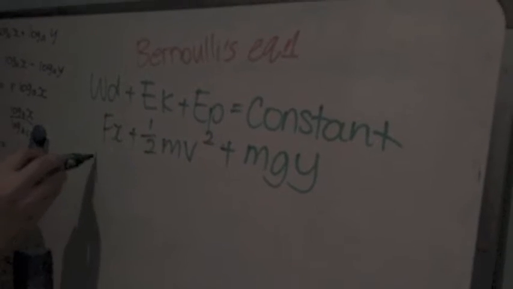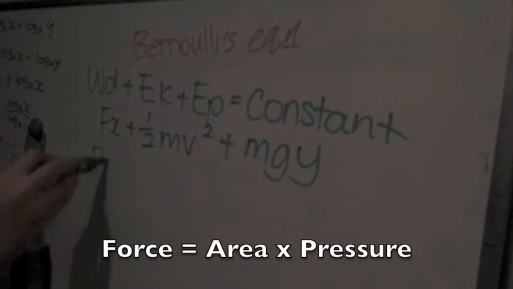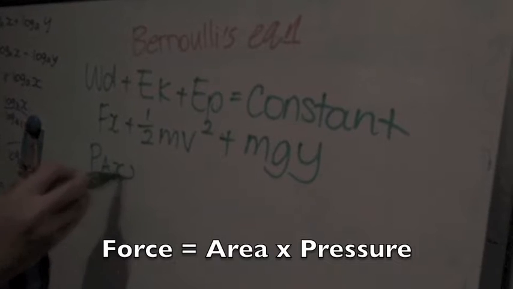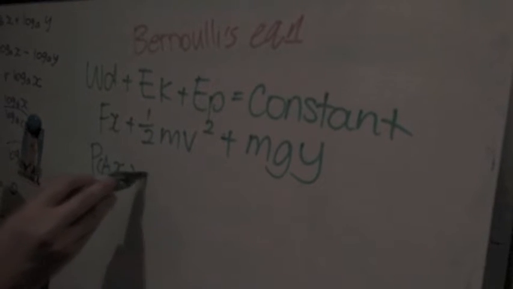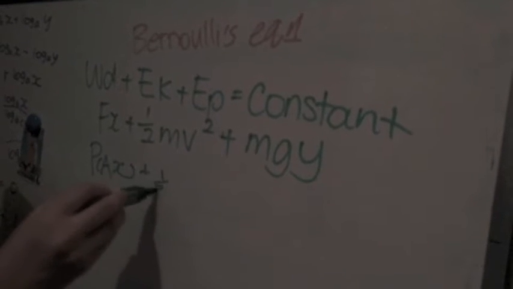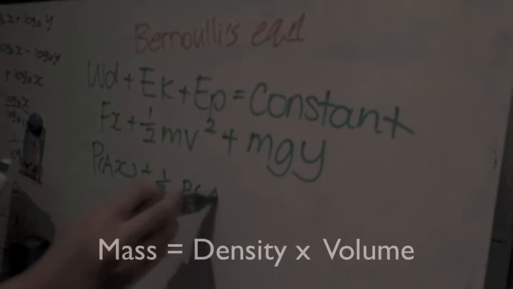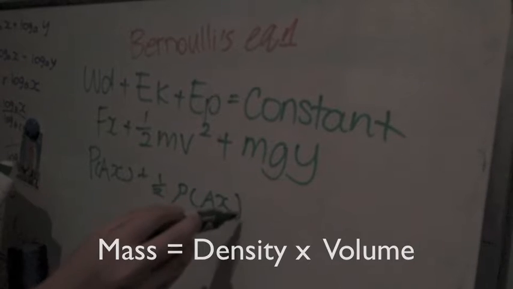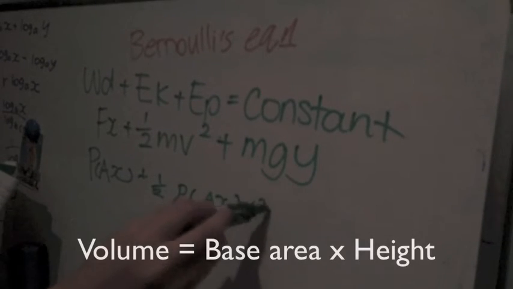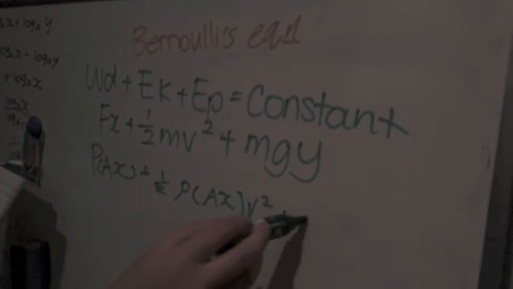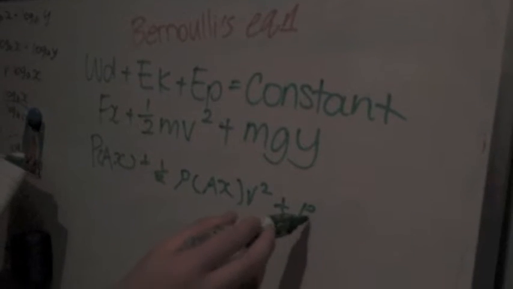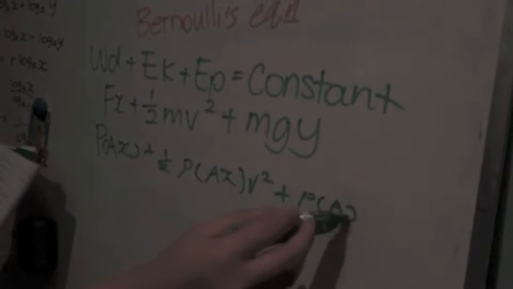The force from work done can also be written as area multiplied by pressure, and you would notice that mass is a common factor of kinetic and gravitational potential energy. And mass has an equation of density multiplied by volume, and volume has an equation of base area times height. In this case, the base area being A, while the x component being the height.